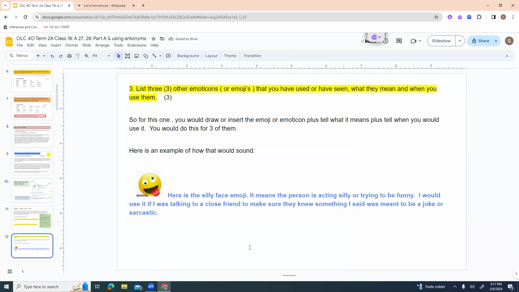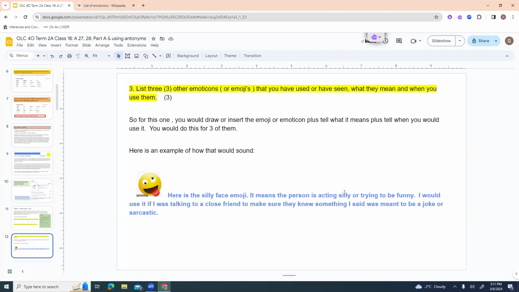List 3 other emoticons or emojis that you have used or have seen, what they mean, and when you use them. So for each emojicon, you're going to do 3 things. You would draw or insert the emoji or emoticon like I have here. Then tell me what it means. This is the silly face emoji.